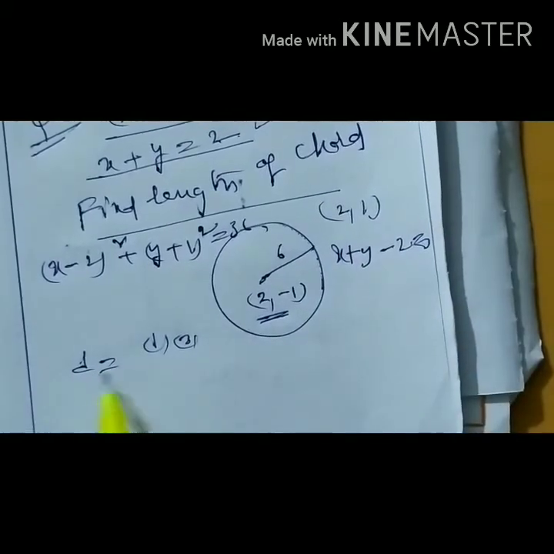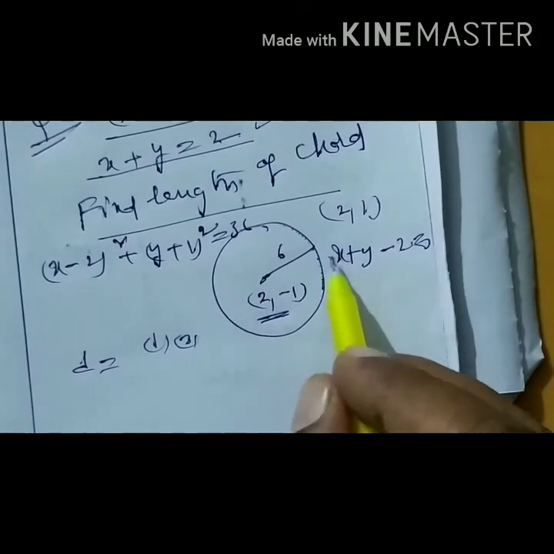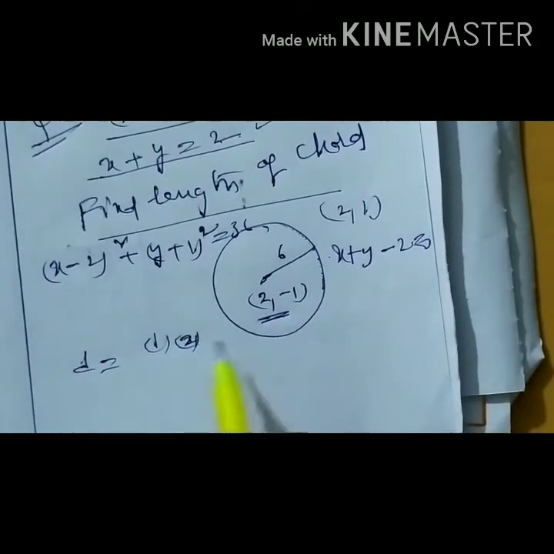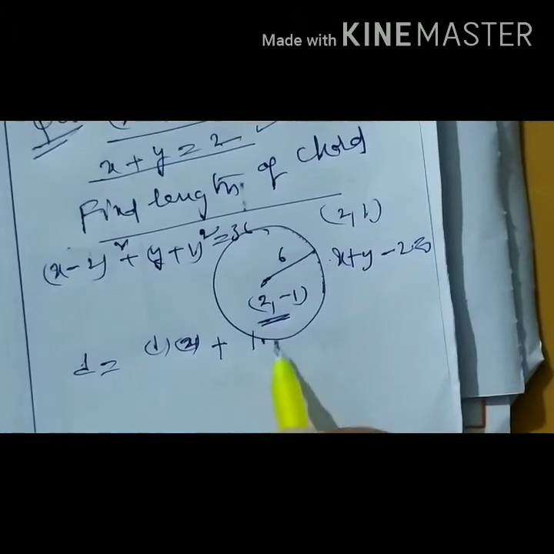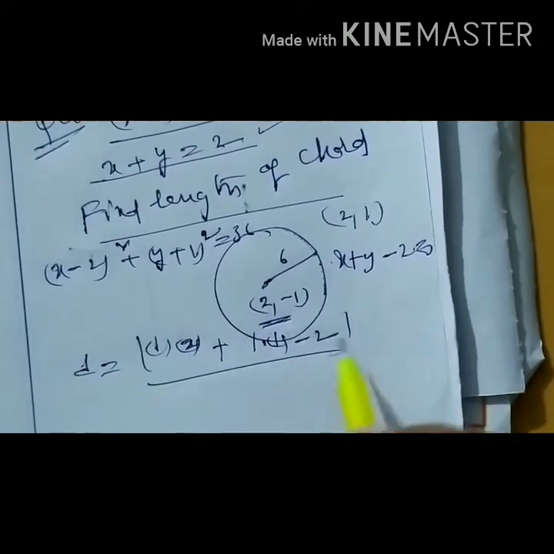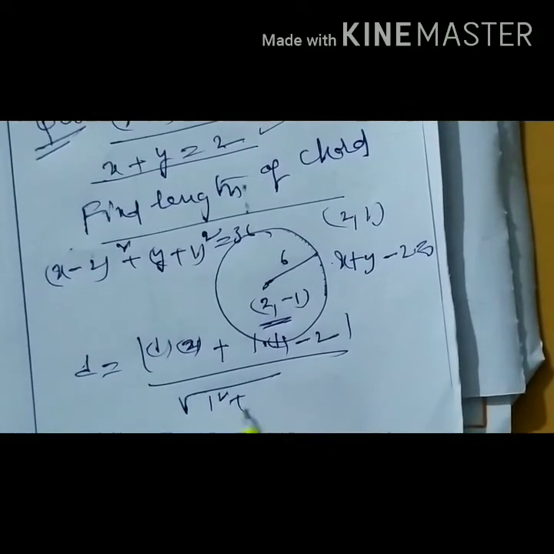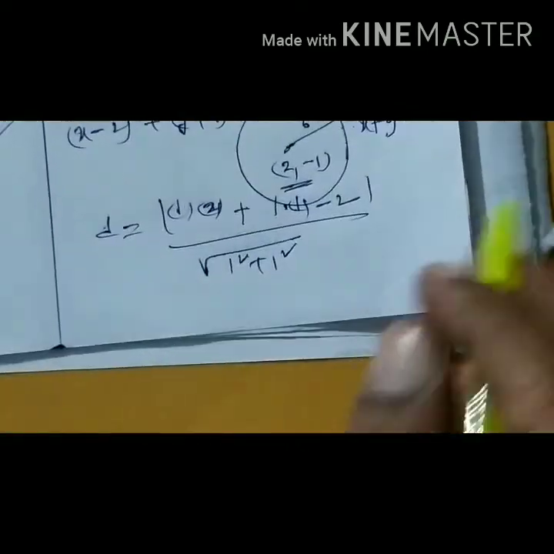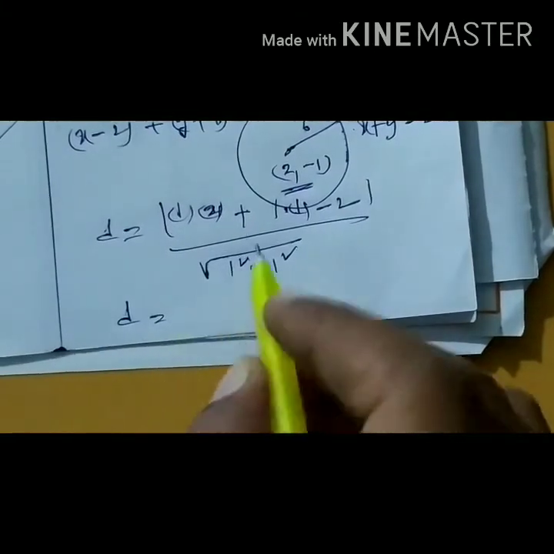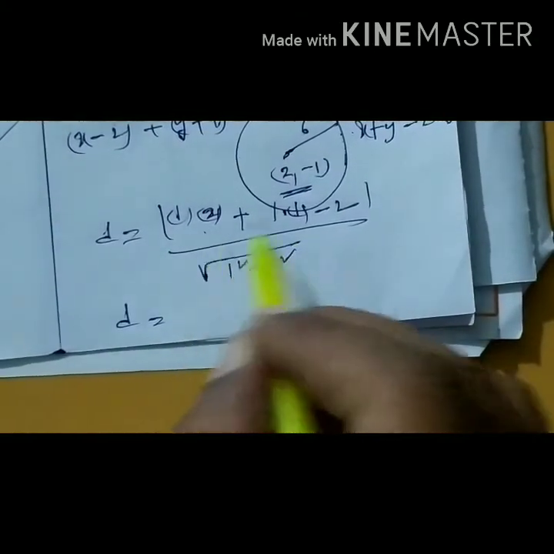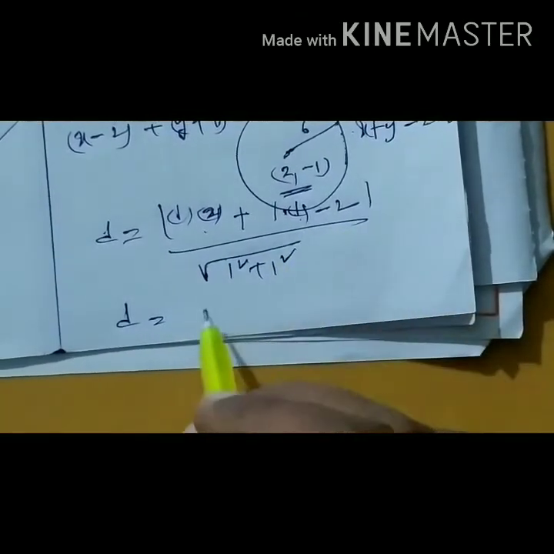So the perpendicular distance is |1·2 + 1·(−1) − 2| divided by root over 1² + 1², that is the perpendicular distance. Clearly that is equal to 1 by root 2. D is equal to 1 by root 2.